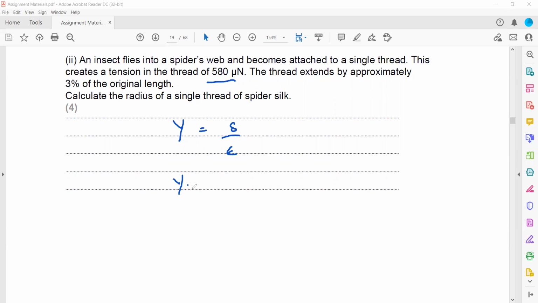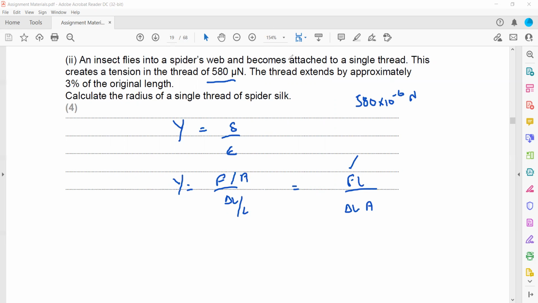Stress is force divided by area and strain is change in length over original length. So when we simplify, it will be FL divided by delta L times A. The force we have is 580 micronewton.